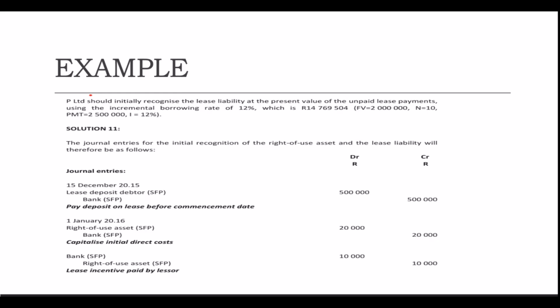If you look at the formula, everything that you put here is the things that you are going to be paying. Future value of 2 million. The lessee is going to be paying that, right? The payment of 2.5 million, the lessee is going to be paying that every year in arrears, right? The 23 and 25 is just information telling you what the value is going to be of the asset.